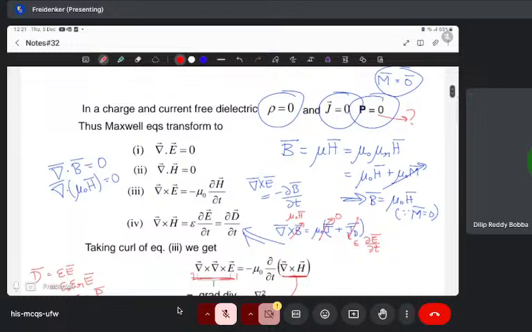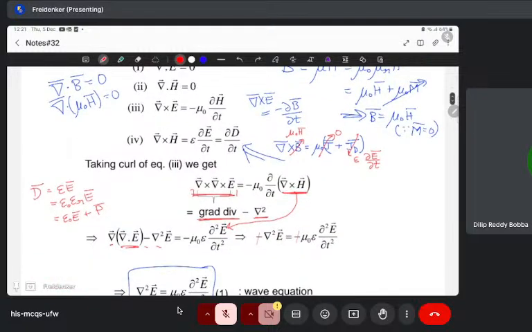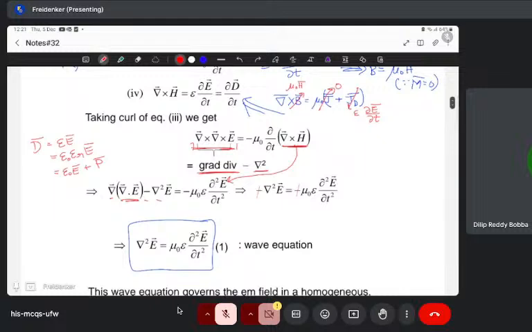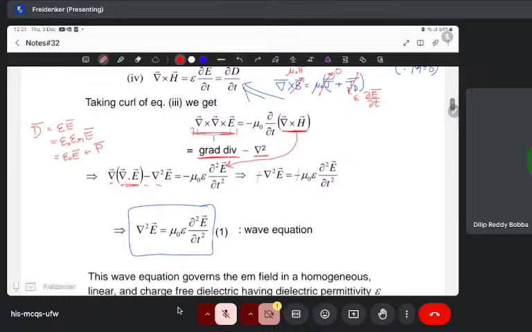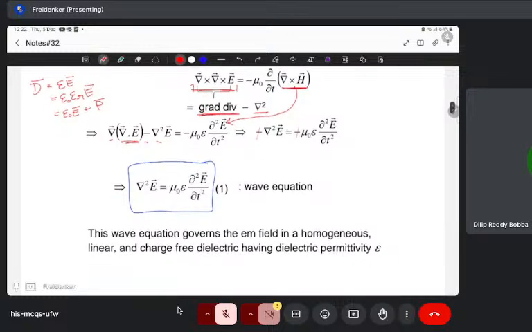Because they said dielectric, so P can be non-zero, but if P is non-zero, you might have a charge distribution, because if P is there, rho need not be zero. Fine. So if P is zero, then epsilon has to be epsilon naught. But anyways, we'll just go on with this. My concern is if you're writing epsilon here, it will essentially be epsilon naught. But we'll move ahead with this.